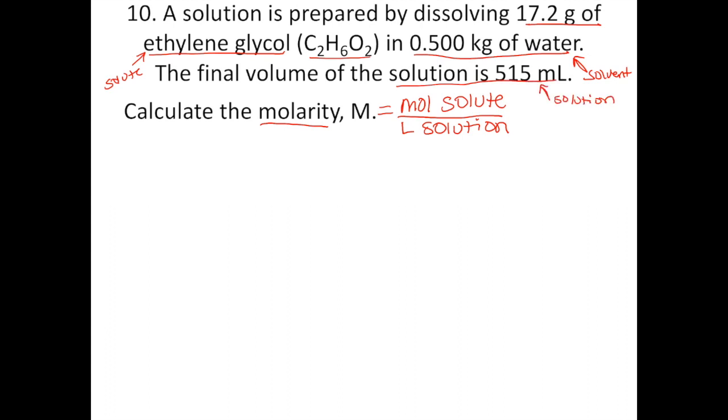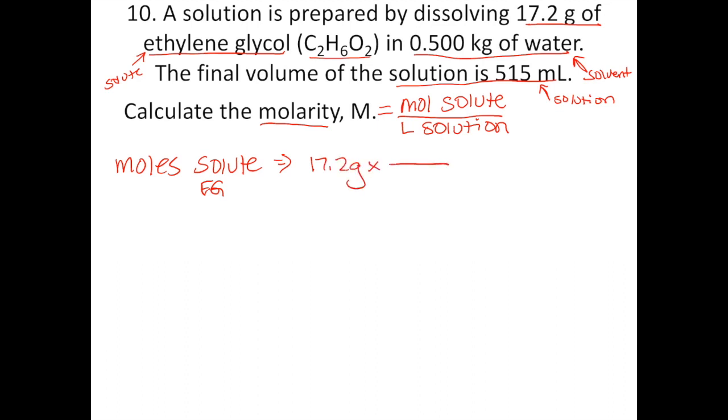So in order to find molarity, first we need moles of our solute. Our solute is ethylene glycol. We are given the chemical formula, so I'm going to find moles of solute first, which in our case is ethylene glycol. I'm just going to call it EG. All right, so I'm going to say 17.2 grams.